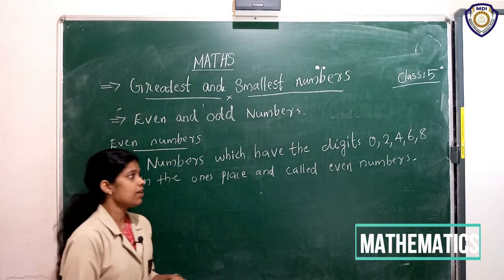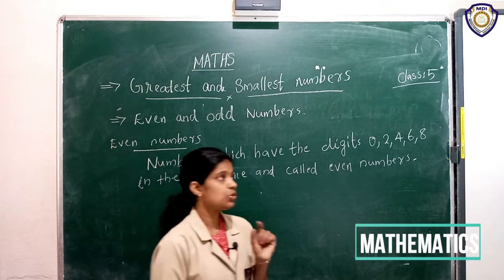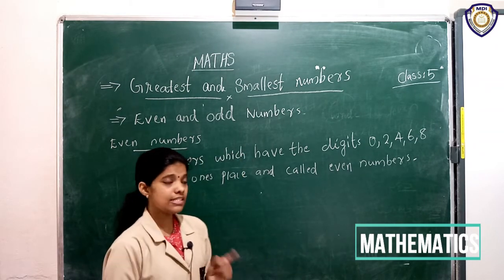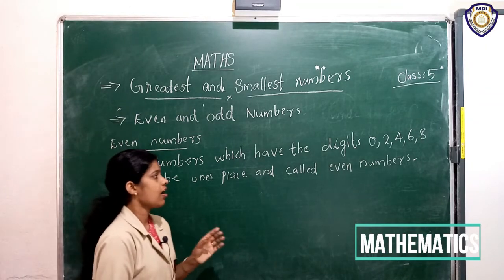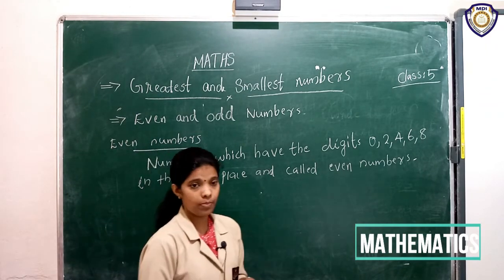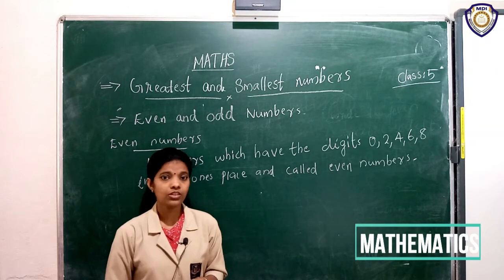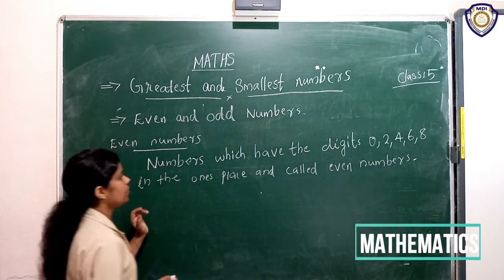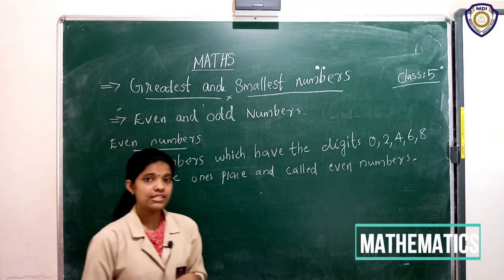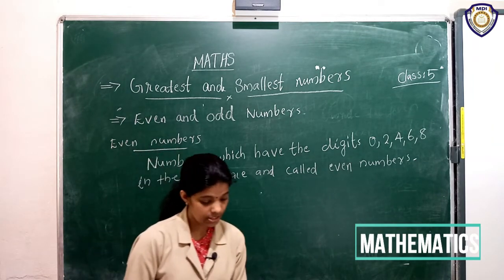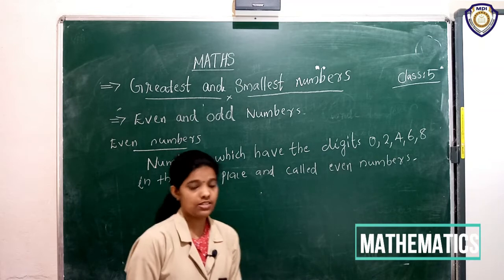Numbers which have the digit 0, 2, 4, 6 and 8 in the ones place are called even numbers. Okay.